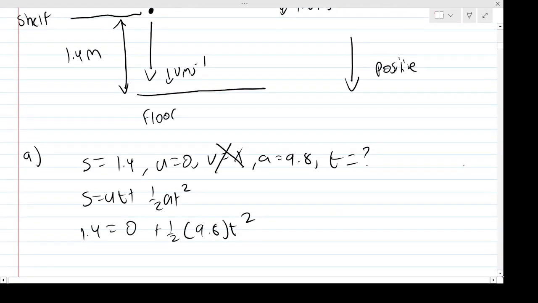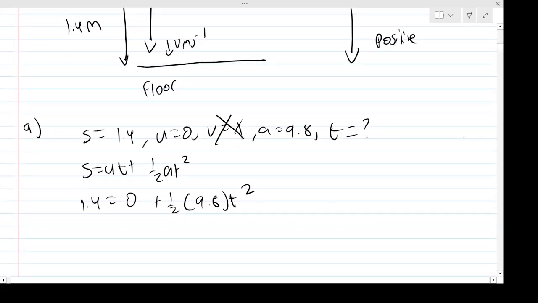And so if we solve this, half of 9.8 is 4.9, so 4.9 t squared. Therefore t squared is 1.4 over 4.9, which is 2 over 7, okay?